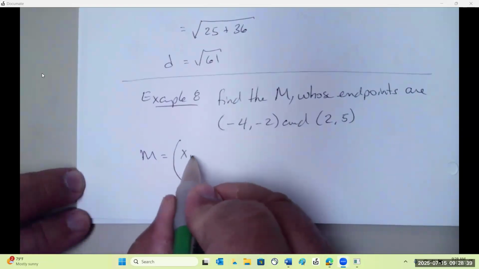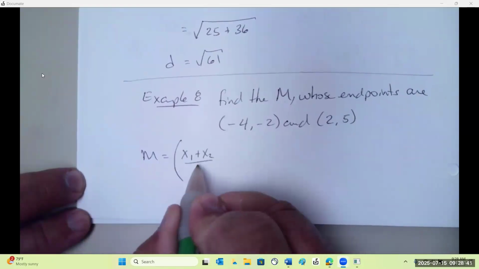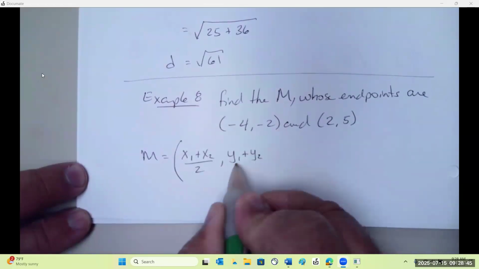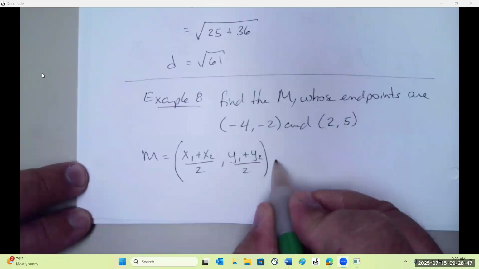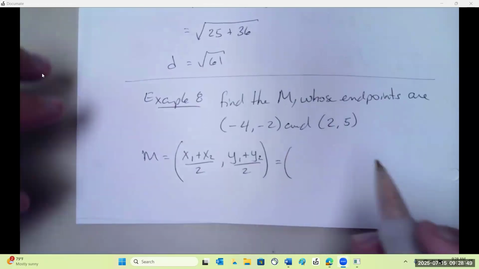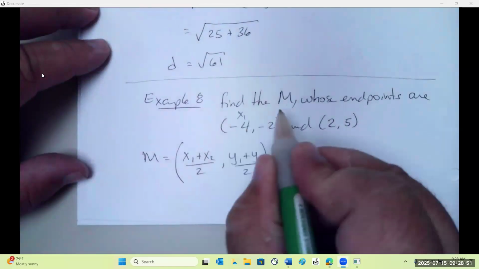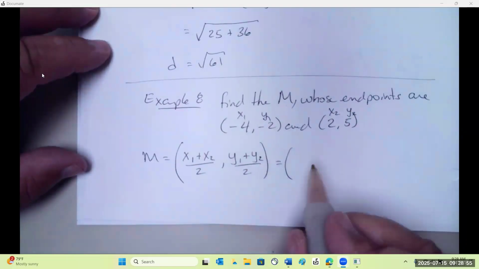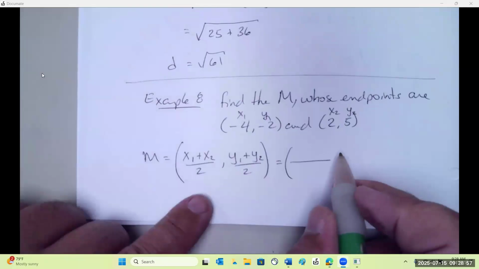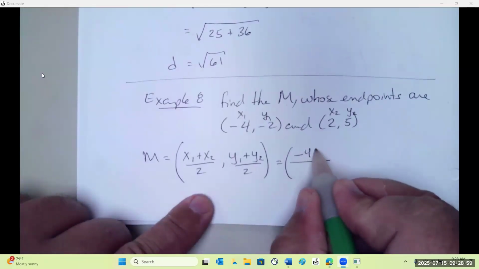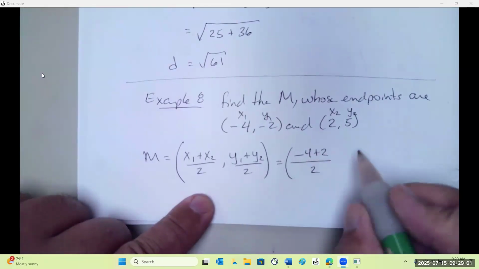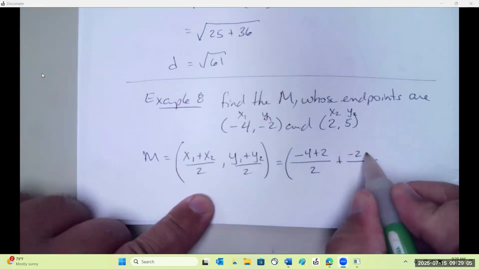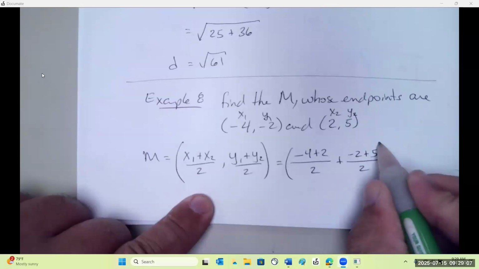Yeah, this is the average, x1 plus x2 over 2, y1 plus y2 over 2. So this is x1, y1, x2, y2. So we have -4 plus 2 over 2, -2 plus 5 over 2.